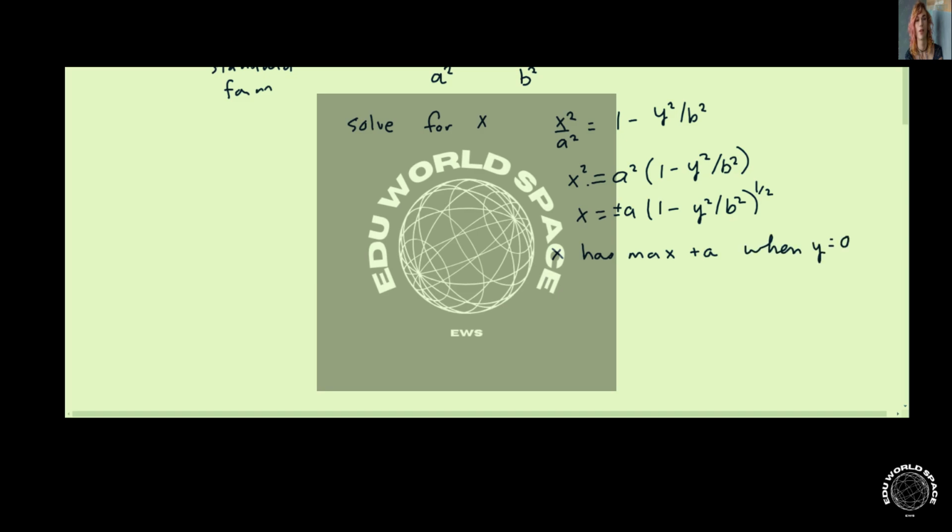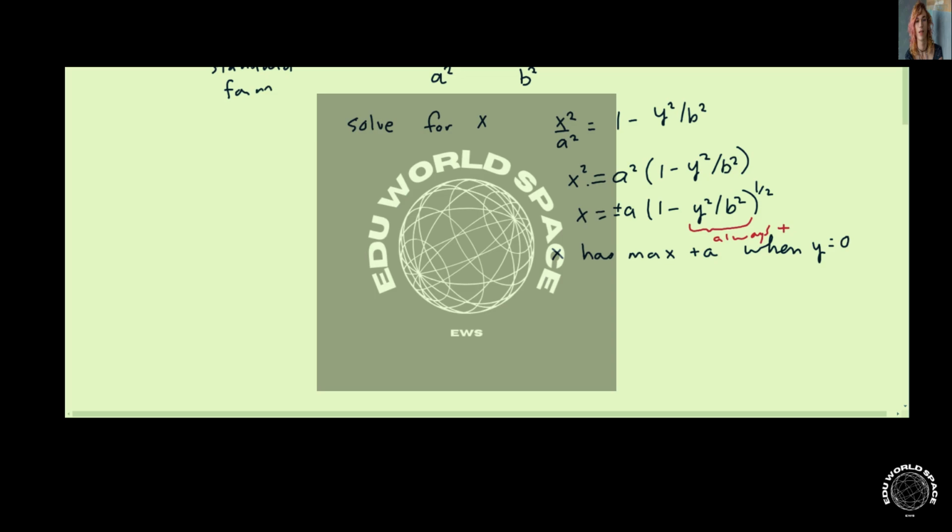And the way we can see that is the stuff in the square root, because it is 1 minus something that is always positive. What we can say then is that we always have something less than or equal to 1 in that square root, and so it's equal to 1 when y is equal to 0.